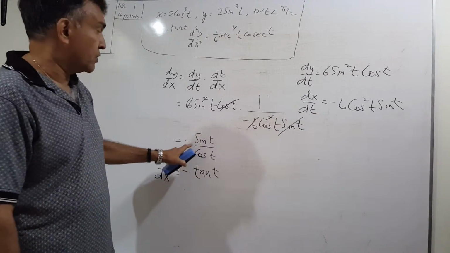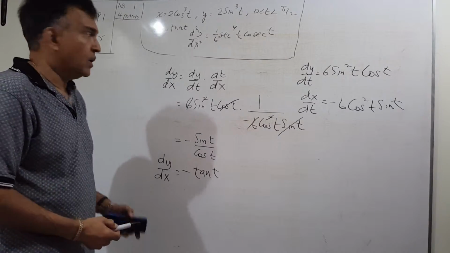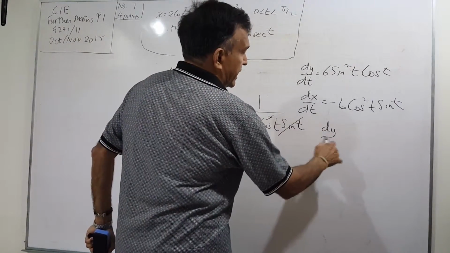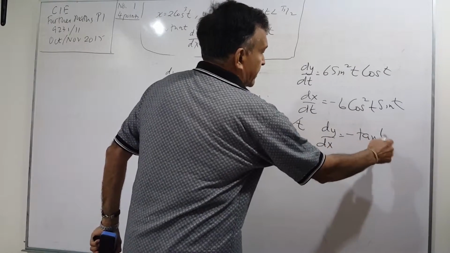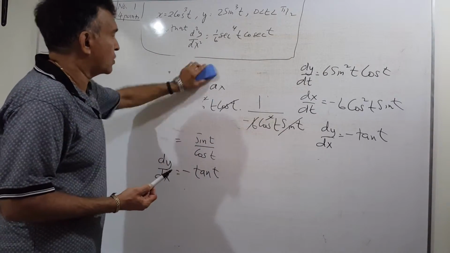Don't forget the negative. So negative sine t over cos t, you get negative tangent t. So dy dx is equal to minus tangent t. Now we're going for d2y dx squared.